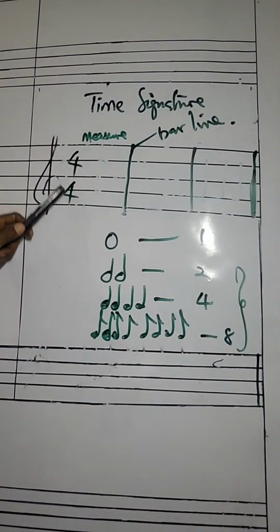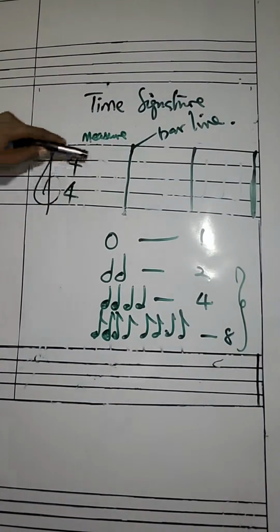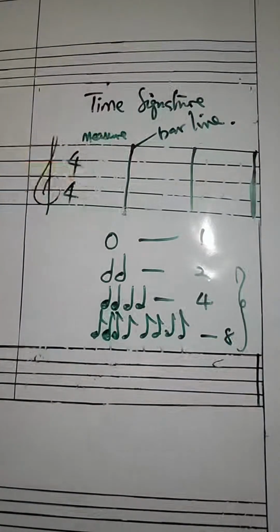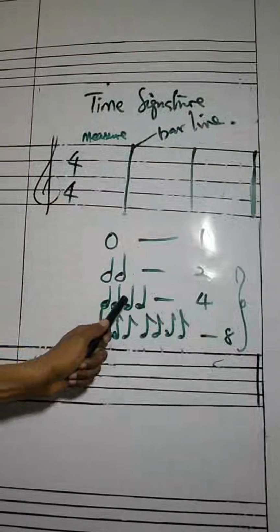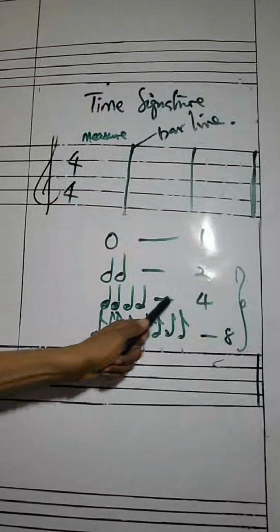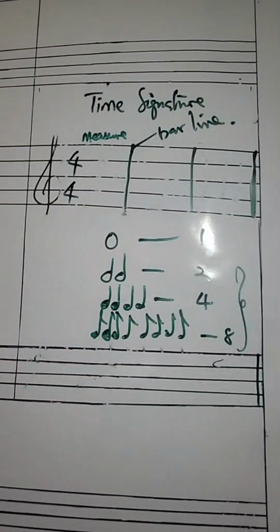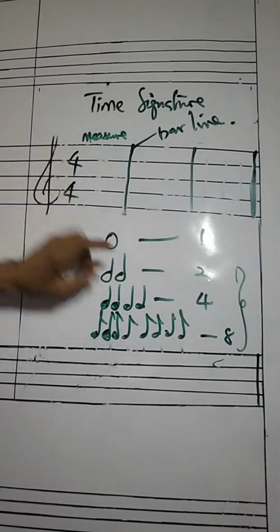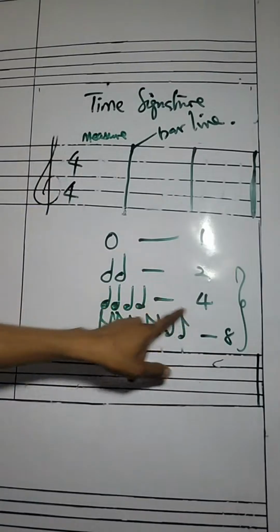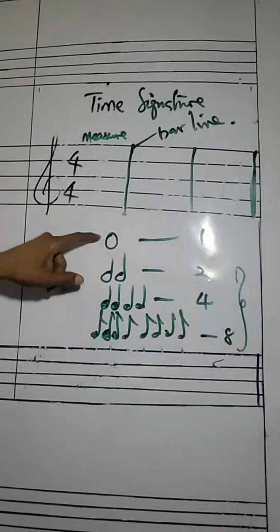Don't forget, when I explained the 4/4, I said the top number is for the number of beats in a bar, and the lower number is the type of beat. So when you see a 4/4, the type of beat you should be thinking of is your crotchet. Your crotchet is your quarter note, because the quarter note is the 4. Four of these will make one of these.